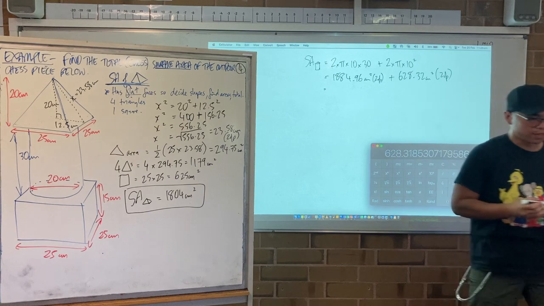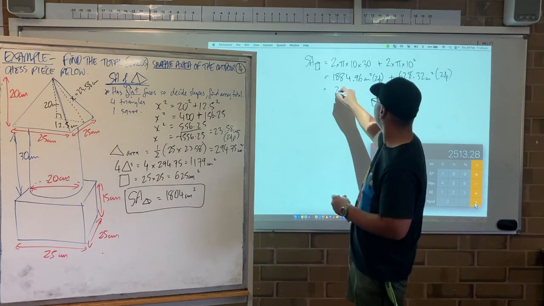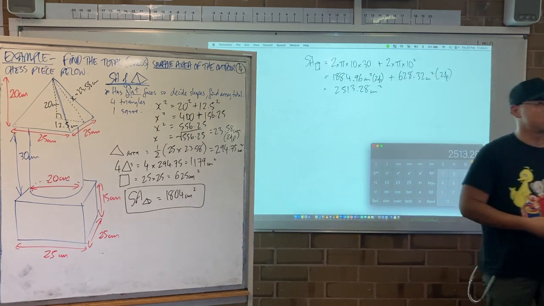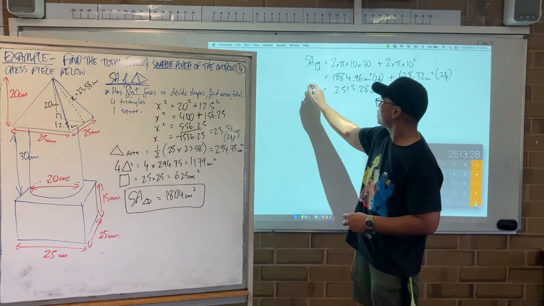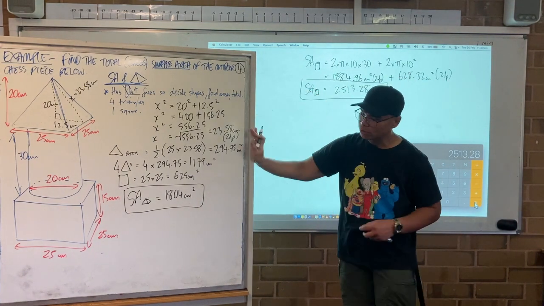So the surface area of that cylinder is 1884.96 plus 628.32, which is 2513.28 square centimeters. How many more shapes do we have? One. The surface area of that cylinder is there. Put a rectangle around it so I don't lose track of it.